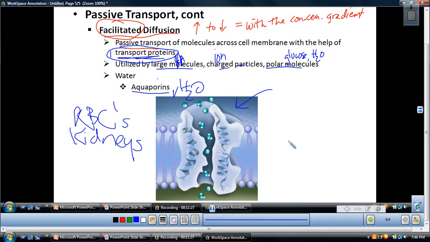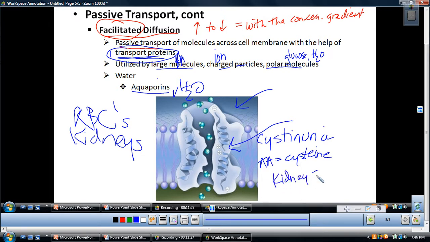One little side note that I thought I would write here is they have actually studied some inherited genetic disorders or inherited diseases that do affect transport proteins. There's one in particular that's called cystinuria. If the person is missing the carrier protein that is needed to transport the amino acid called cysteine, you probably remember that one because that's the one that has the sulfhydryl side chain on the R group, this results in the formation of kidney stones.